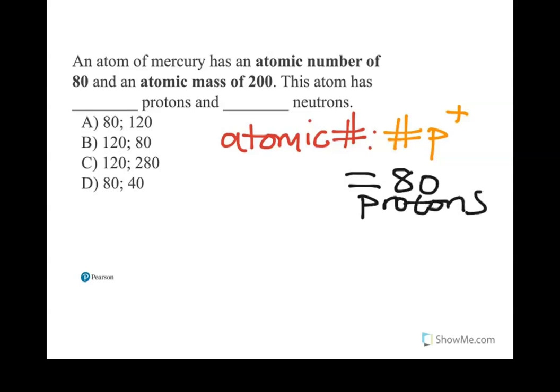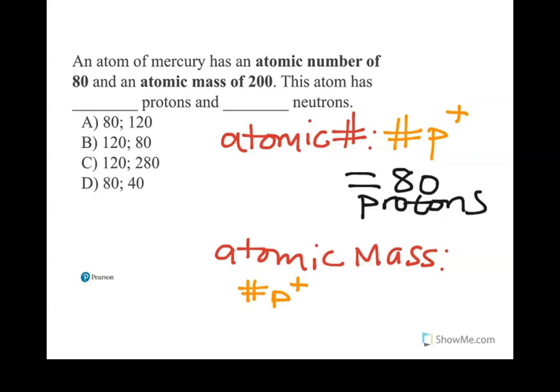Okay. Next up, we have an atomic mass of 200. So here's my atomic mass. And that's different. That's telling you something different. That's telling you the number of protons. So I'll go ahead and put that there. But in addition, it's also telling you the number of neutrons.